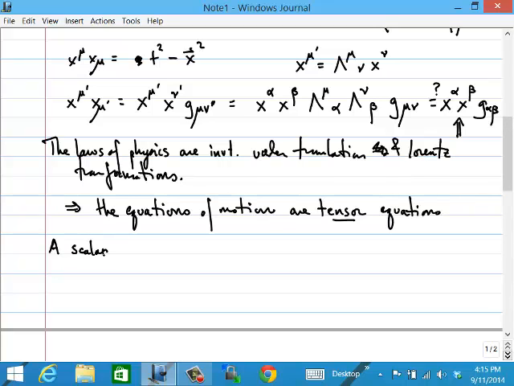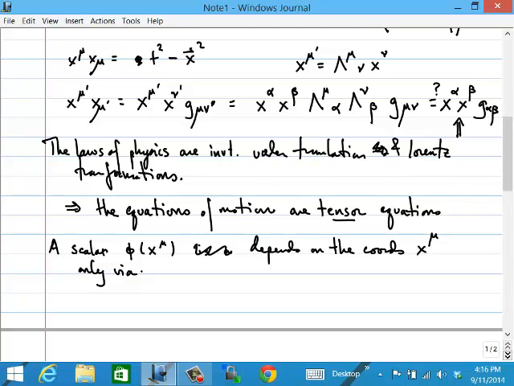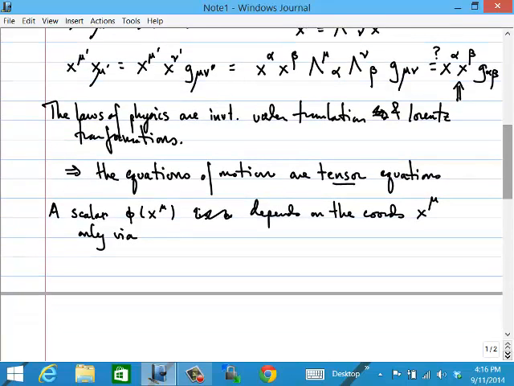So what is a scalar? A scalar is some function of these coordinates x^mu that depends on the coordinates only in the obvious way induced by the change of coordinates in special relativity.